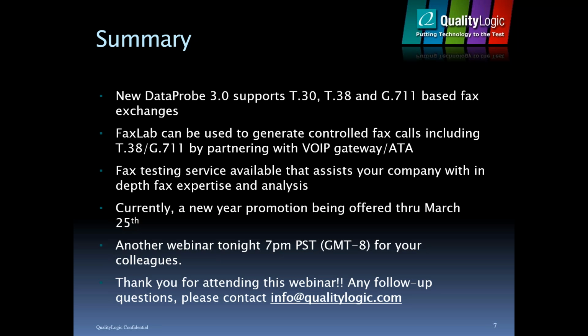In addition, FaxLab can be used to generate automated control fax calls, including T38 and G.711, by partnering with the voice over IP gateway or an analog telephone adapter. And our company provides fax testing service and training service that could assist your company with our in-depth fax expertise and analysis.